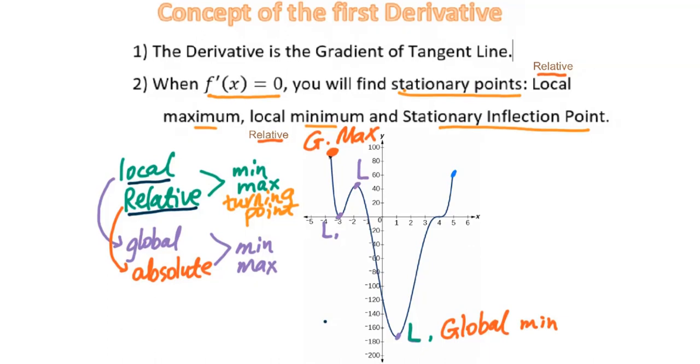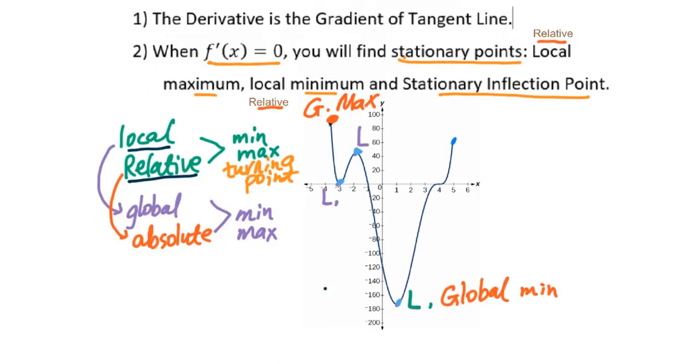The local or relative maximum or minimum will be the turning point, like this is a local minimum, local maximum. This is a local minimum. From this graph, we could find the points where the derivative of f of x equals 0. At a local minimum, that is x equals -3.